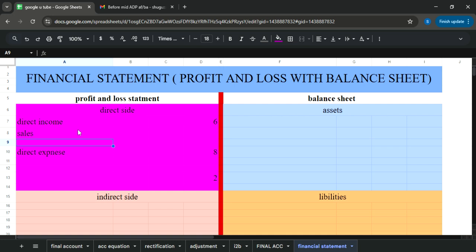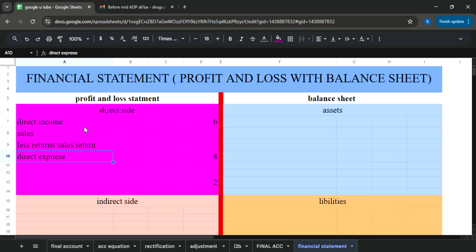But please keep in mind, if there are any returns, that means sales return, or if there is any discount, I would mention over here discount on sales.